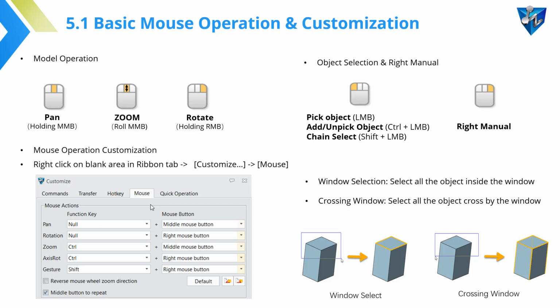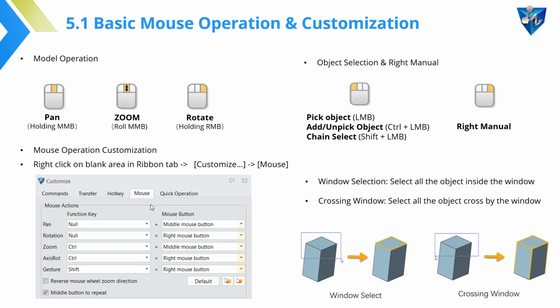The same way, just right-click on the blank area in the Ribbon tab, choose the Customize menu, and move to the Mouse tab to customize your own mouse actions. For the object selection in ZW3D, you can left-click to pick the object.